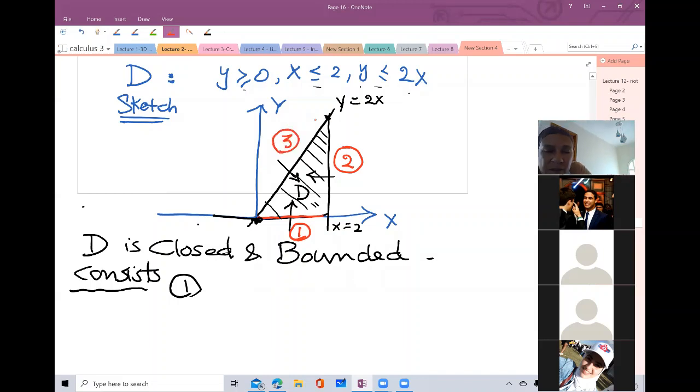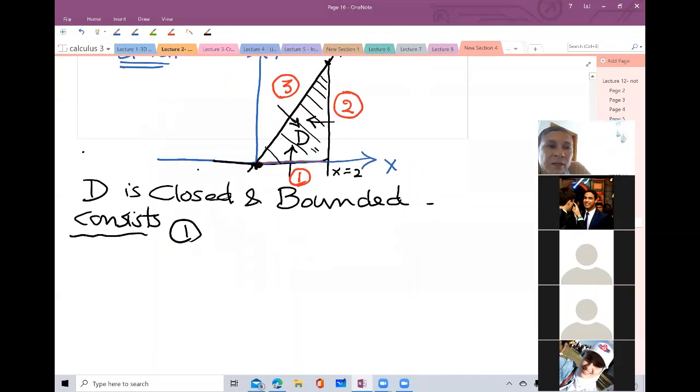Can I describe these equations? When I look at equation number 1, I find that I have the boundary defined by this part. I called it boundary 1. What is the equation defining this?